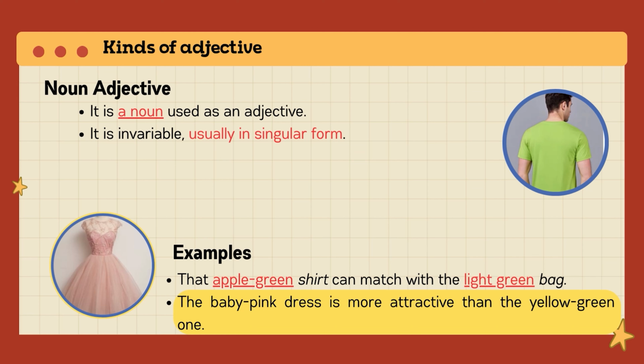Here, we are talking about the dresses. Right, they are being compared. The baby pink one and the yellow green one. So again, these adjectives talk about colors. And the nouns, the first nouns are baby and yellow.